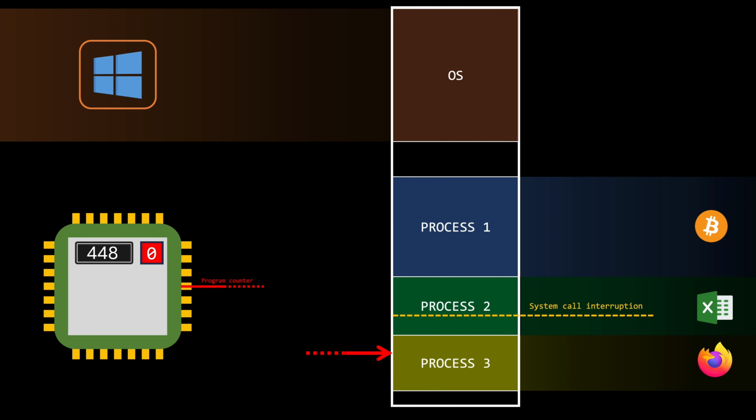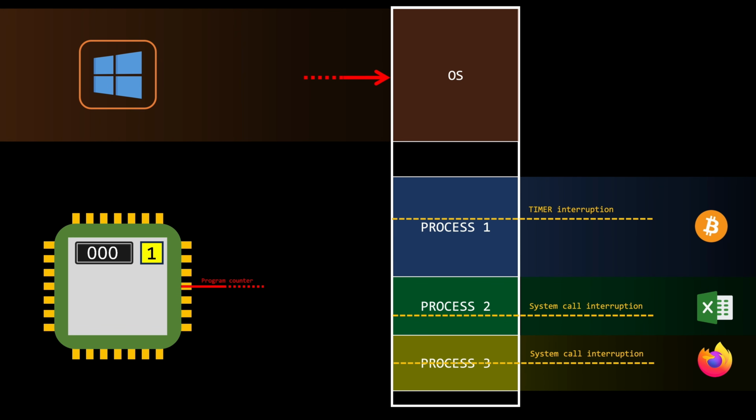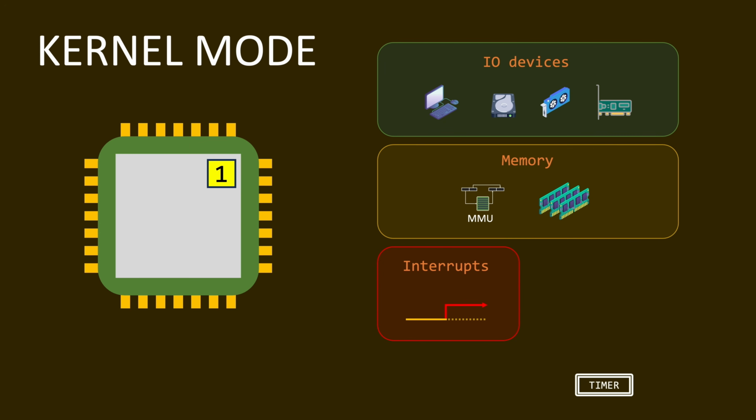User processes can still voluntarily return control to the operating system via system calls. However, if a process takes too long to invoke a system call, the timer ensures that eventually an interrupt will be triggered, forcing the process to stop and giving control back to the operating system. This mechanism allows kernel mode to exert complete control over how much CPU time each process is allowed to use.